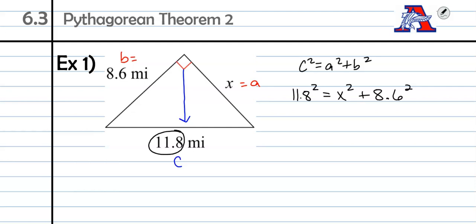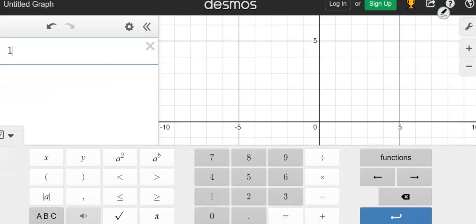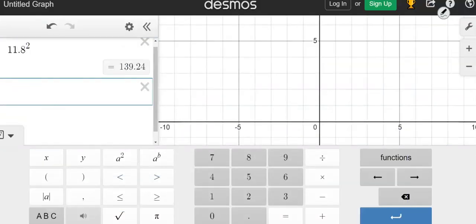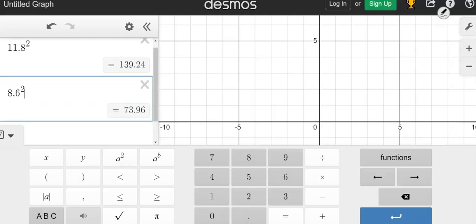So 11.8 squared, I'm going to grab a calculator, and that's going to be 139.24. We can't do anything with the x yet, so we'll leave it as x squared, and then 8.6 squared gives us 73.96.